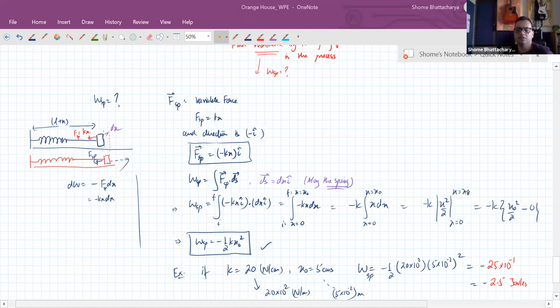Okay, so just make a correction here. Tika, that is correct what you said. But remember that there's a minus sign. Don't forget the minus sign. It's minus 2.5 joules.